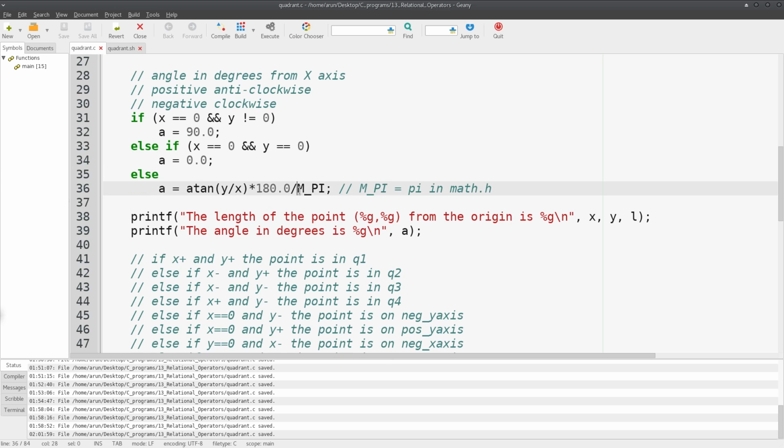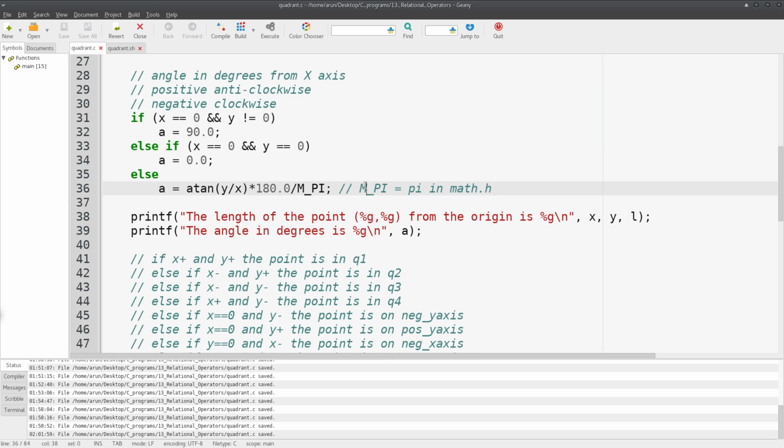And now this variable over here, M_PI, is actually the equivalent of the variable pi that we use. Okay, and this is defined in the math.h file. We can use it directly in this way. Now you can write your own definition of pi, if you want, or you can write 3.1415 and so on to certain digits.